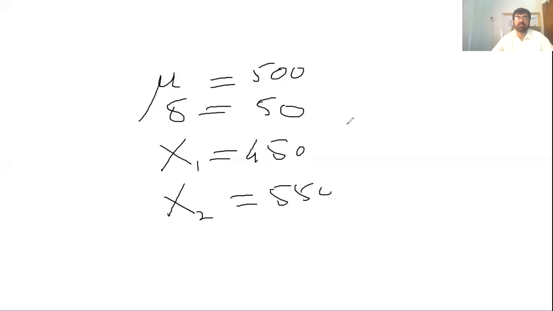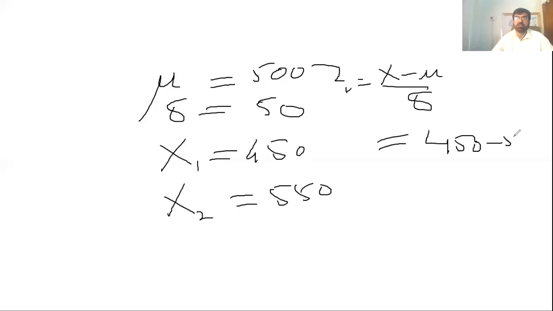So calculate the z-score. z1 is equal to x minus mu over sigma, which is 450 minus 500 over 50.